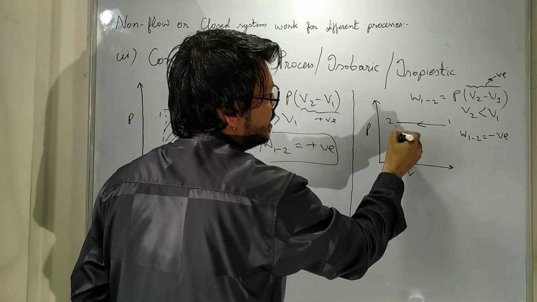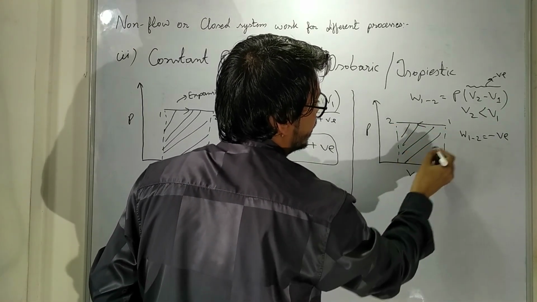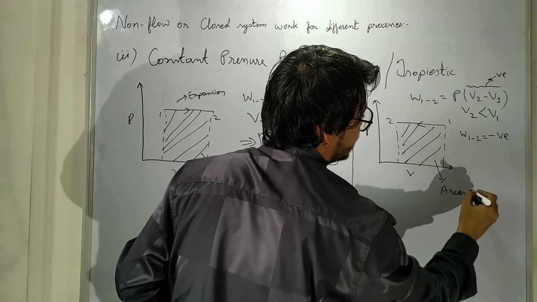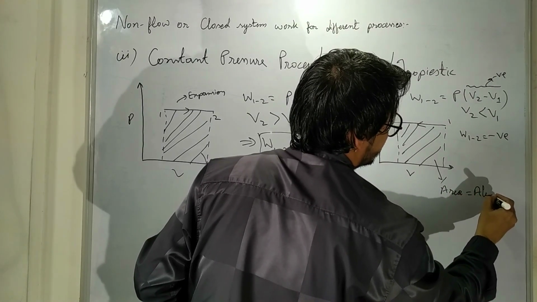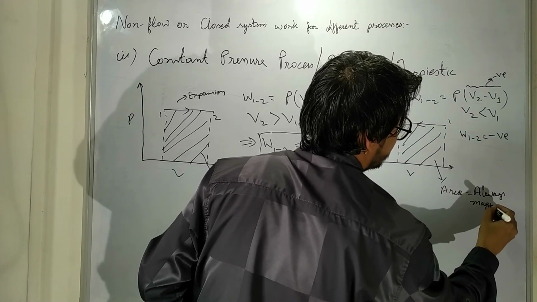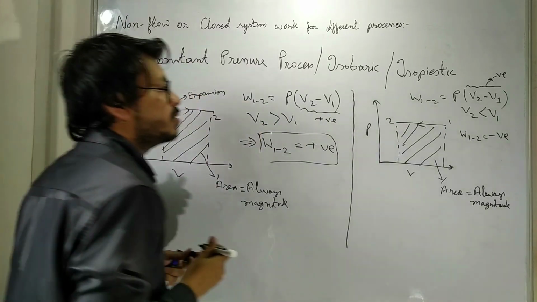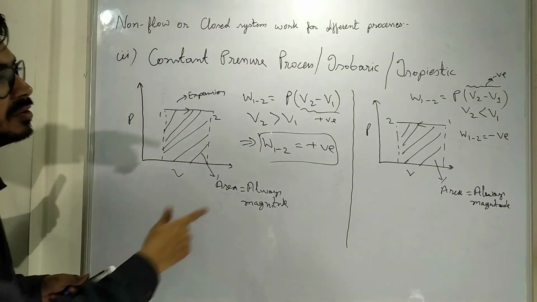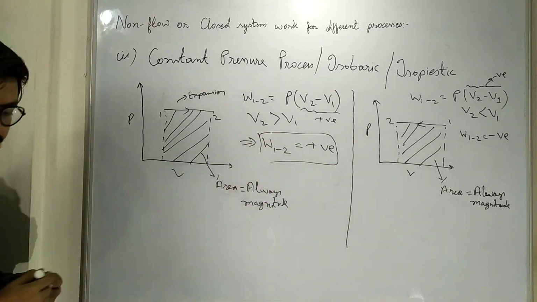That is, this is the area for the work done. Area is always magnitude. So for the case of expansion, the work done will be positive, and for the case of compression, the work done will be negative.